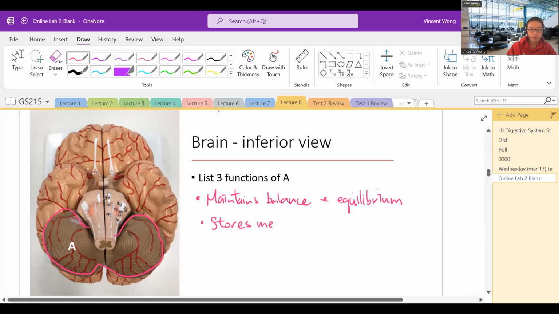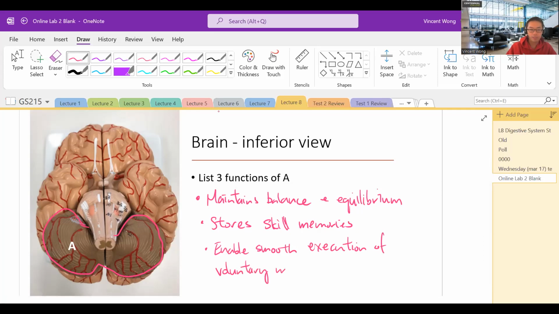Stores skill memory, enables smooth execution of voluntary movements. Okay.